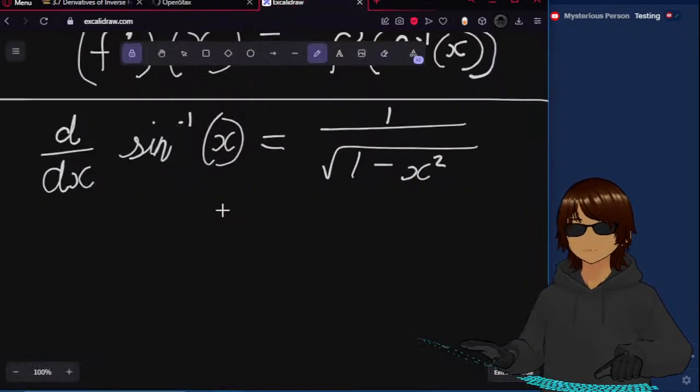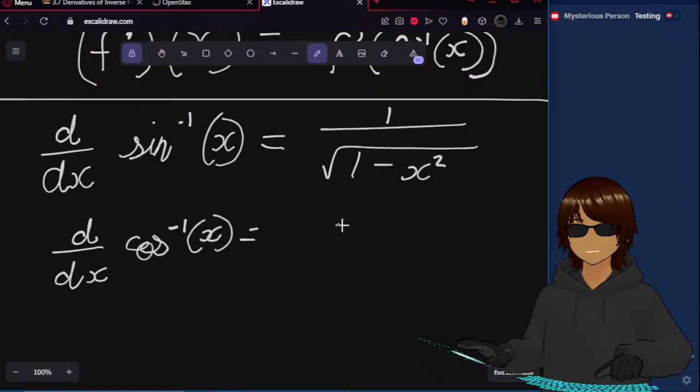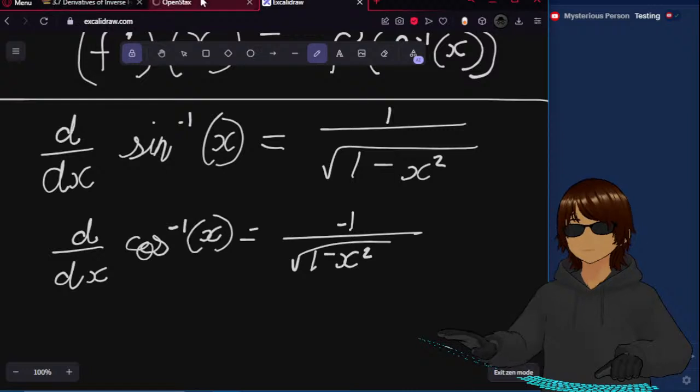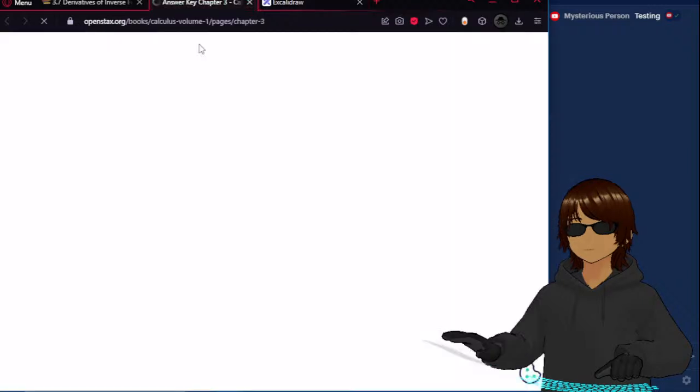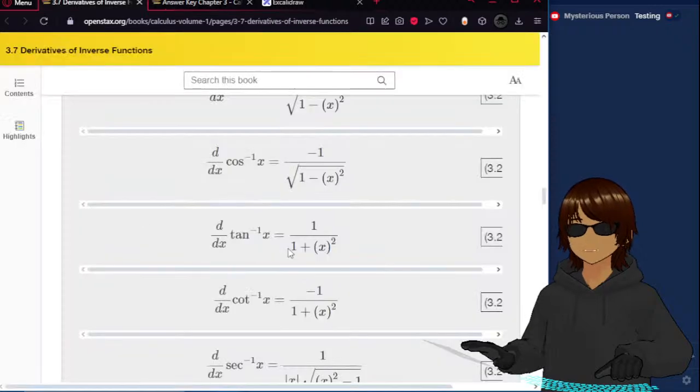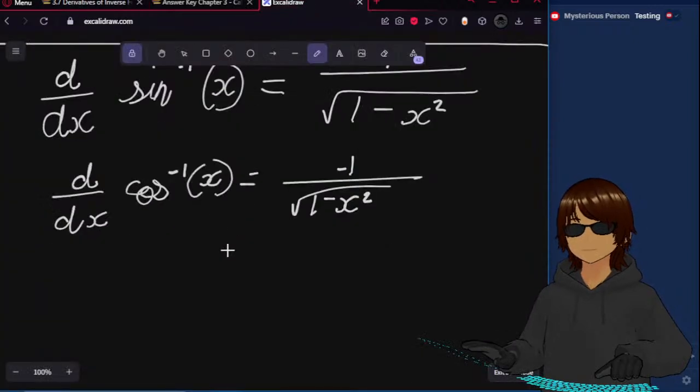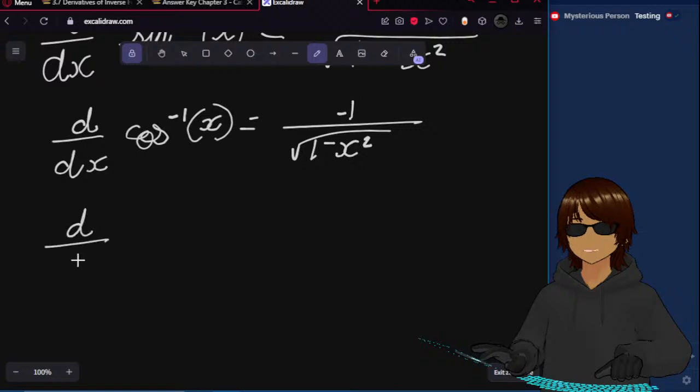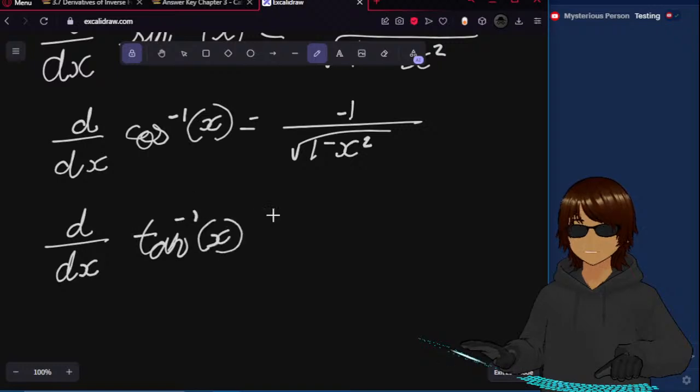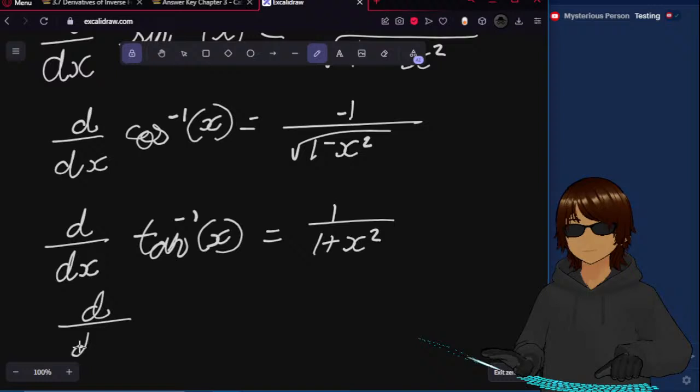And then arc cos is negative 1 over the same. Then the next, why is this taking so long to load? Okay. Then arctan is 1 plus x squared, the derivative of arctangent, and then arccot.